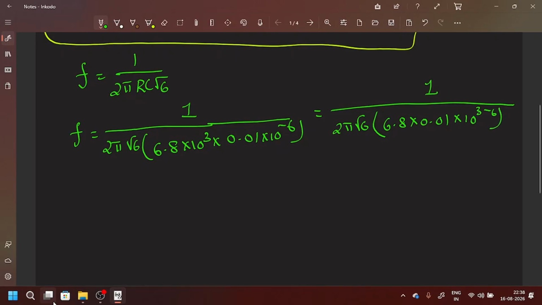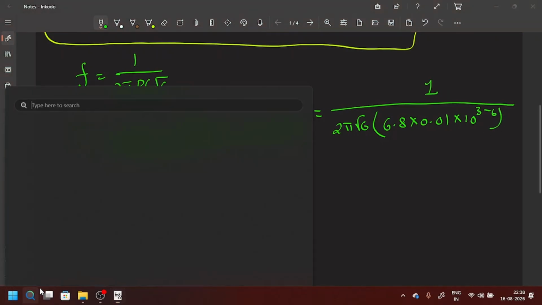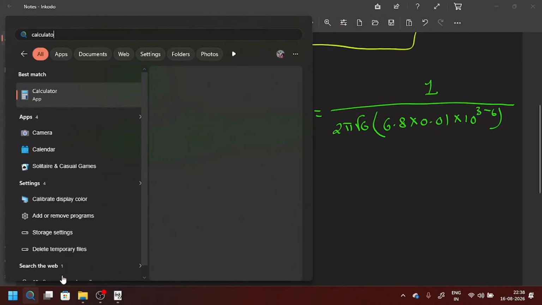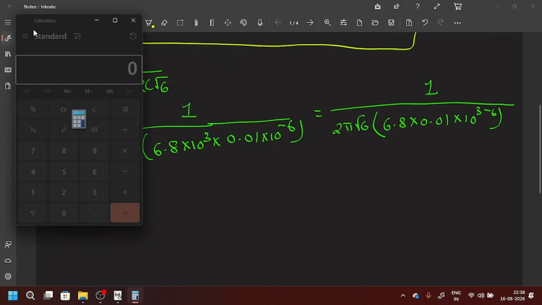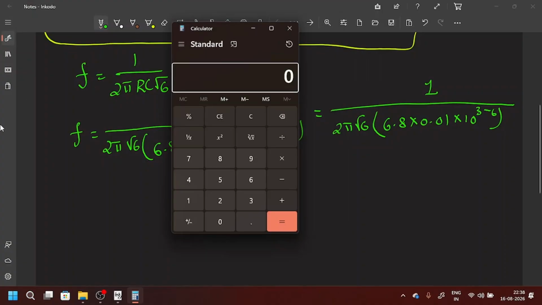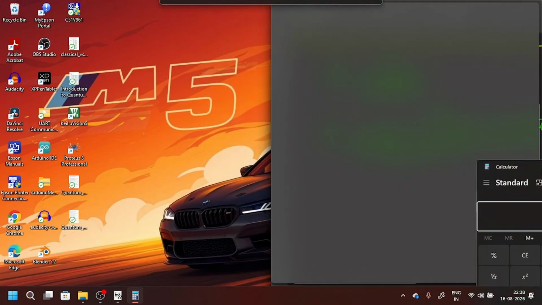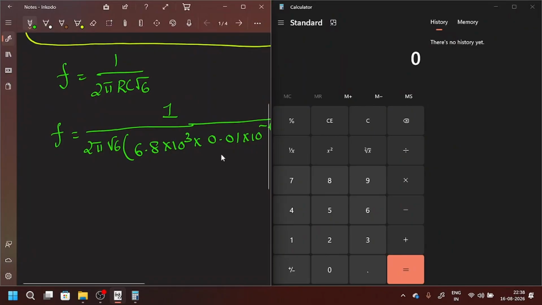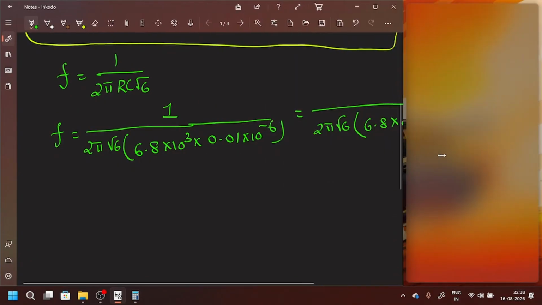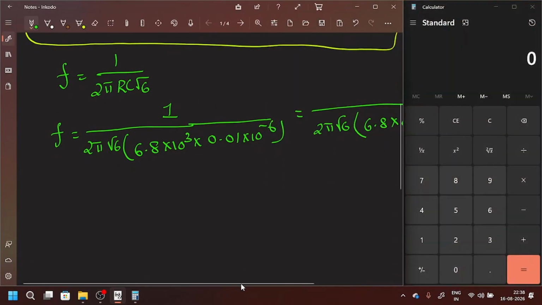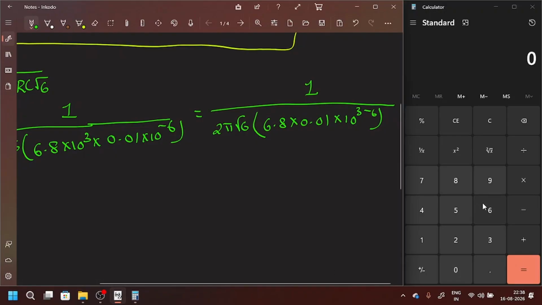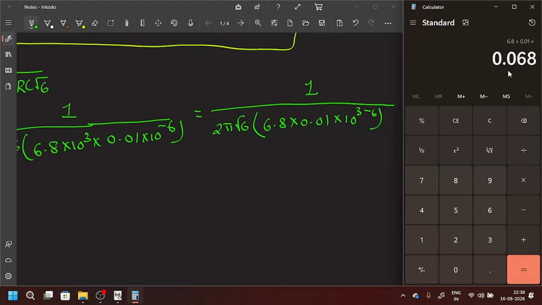So we need the calculator here. Let's do this side by side. The very first thing that I need is 6.8 multiplied by 0.01. That will give me a value of 0.068. So let us write that value here.